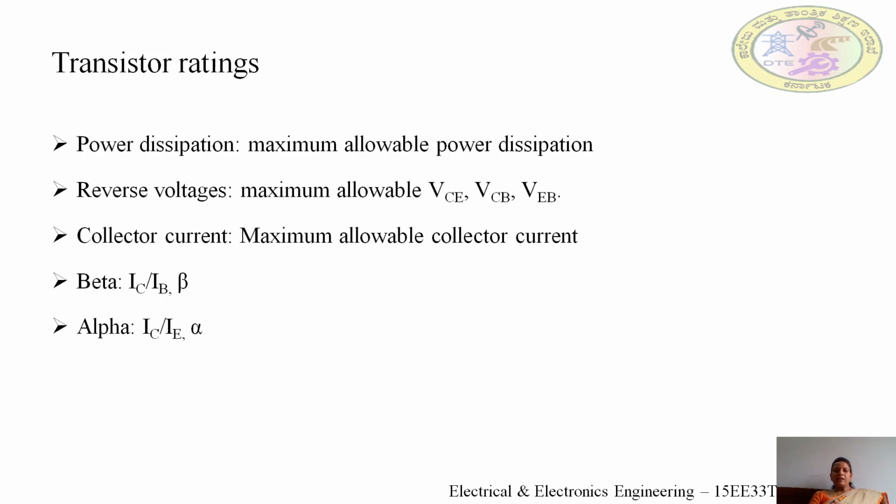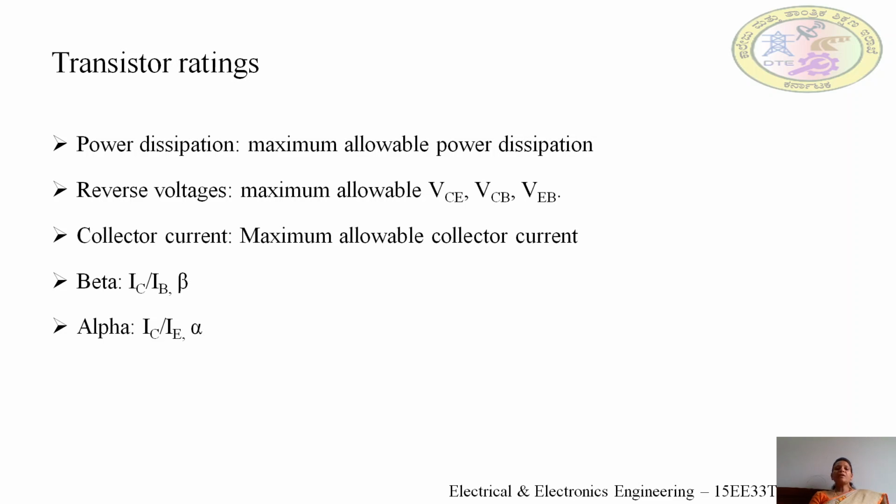The next rating in the case of a transistor is reverse voltages. Reverse voltage is the maximum reverse voltage that can be allowed for the junctions, that is the collector base junction, the emitter base junction, and also between the collector and emitter terminals. Collector current: this maximum allowable collector current is specified by the manufacturer.